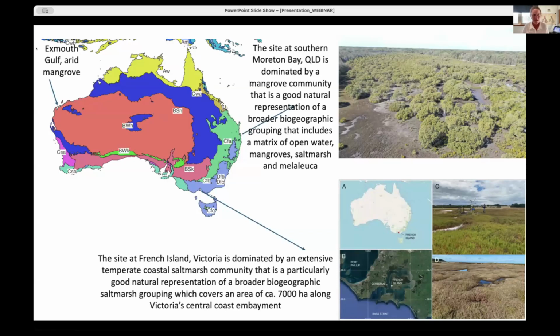We're about to erect another eddy covariance tower, and that will be going into the arid landscape of the Exmouth Gulf. We're still in discussion with traditional owners in that area in terms of access and how to best incorporate traditional owners into this deployment.